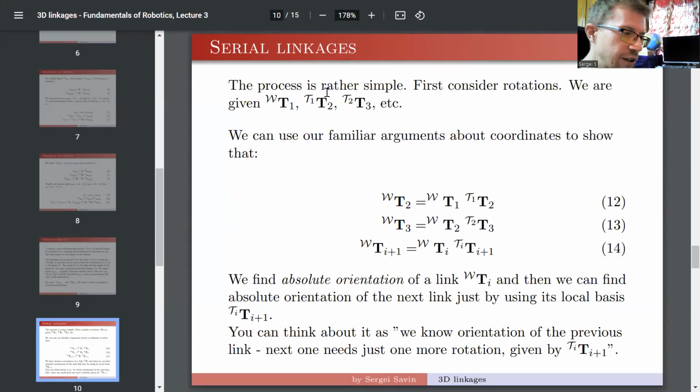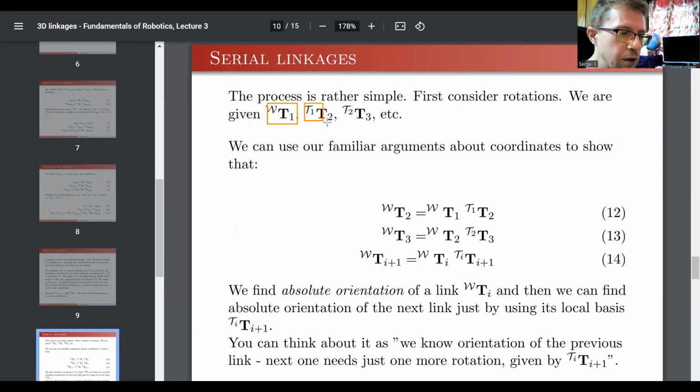Now let's solve this problem. It's a generic problem, so we're not going to actually solve it. I will just give you the procedure. First we start with rotations. We want T1 in omega.